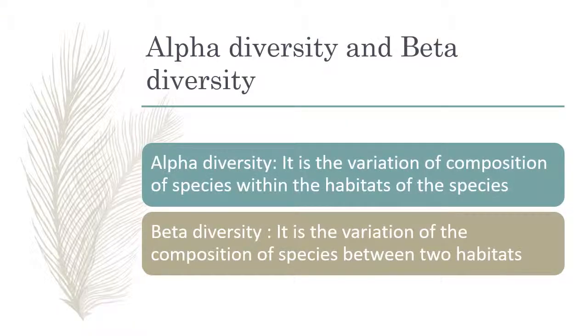Further, the main thing we are going to check is the alpha diversity and the beta diversity. Alpha diversity is the variation of composition of species within the habitats of the species, while beta diversity is the variation of the composition of the species between two habitats. So basically in alpha diversity, we are checking the variation within the habitat, but in the case of beta diversity, we are checking the variation between the different habitats.